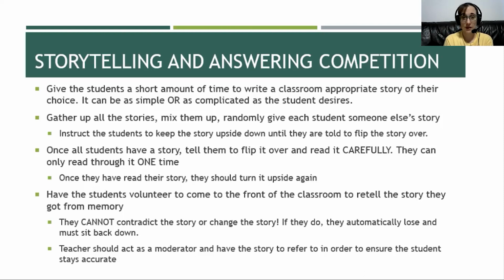This also works on them really practicing remembering what they're reading. Reading comprehension can be very difficult without practice, especially in a foreign language. So this is another way you can bring in that skill of reading comprehension in English. Or you can do this in Chinese with any other classes too, obviously.